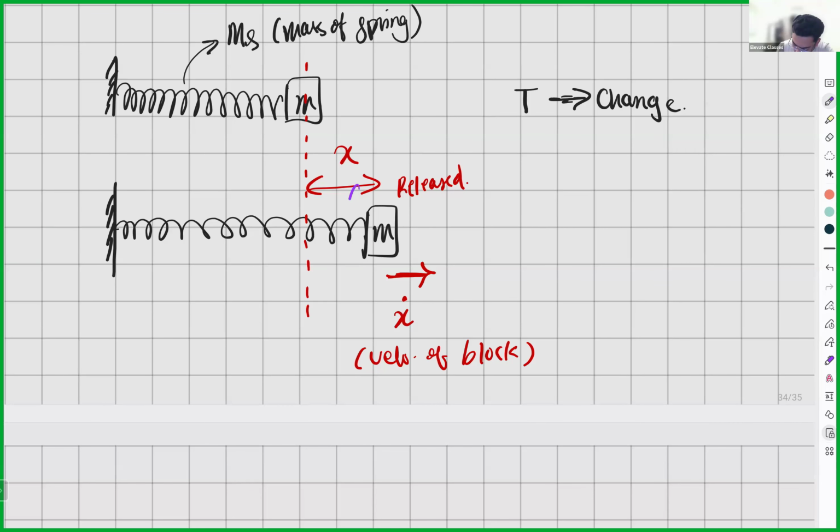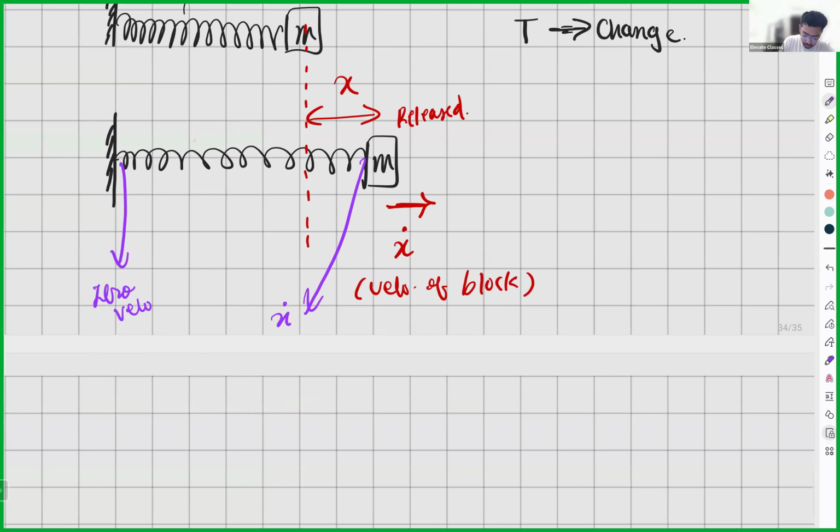Now the parts which are very near to the block will also oscillate with the speed x dot. But what about the parts which are near to the rigid support? This part will have zero velocity, right? And this part will have x dot velocity. So what about a part somewhere in the middle? Let us say it has y displacement from the origin O, and this part has a velocity y dot.